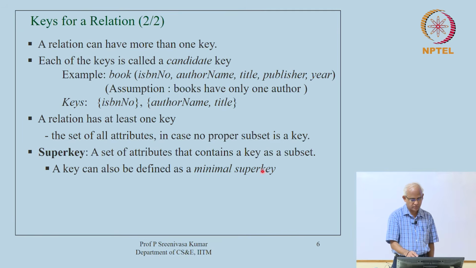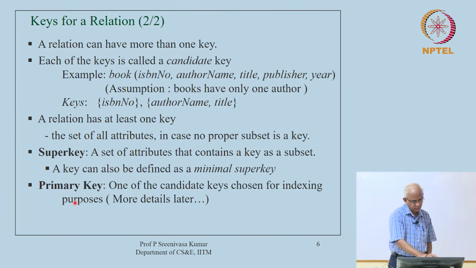So, a minimal super key. In some books they introduce super key first and then define key in terms of super keys as minimal super key. So, these are various terms that you will hear. A primary key is one of the candidate keys chosen for indexing purposes and things like that. We will see those details later on.